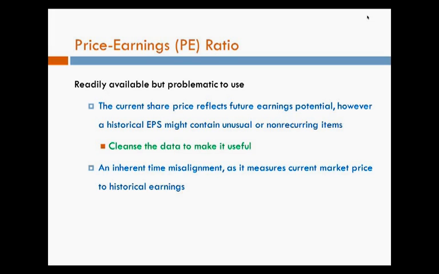But the price to earnings ratio also has an inherent time misalignment, because at the point they're reported, the price is reflecting the future, and the earnings is reflecting the past, right? PE is usually using the last quarter, the last year, whatever you want for earnings. So you have a price that's looking forward and earnings that are looking backwards.